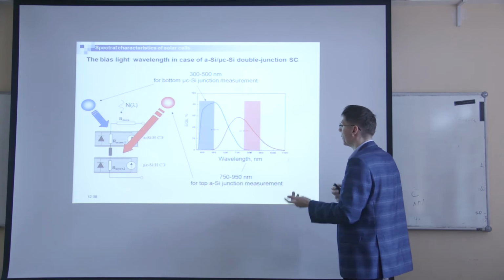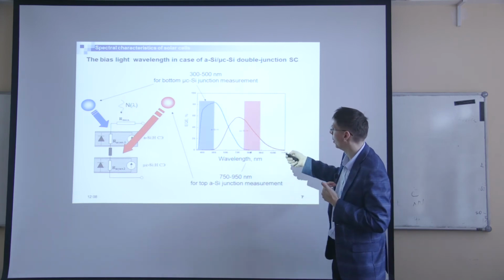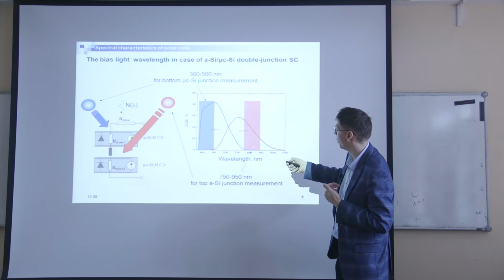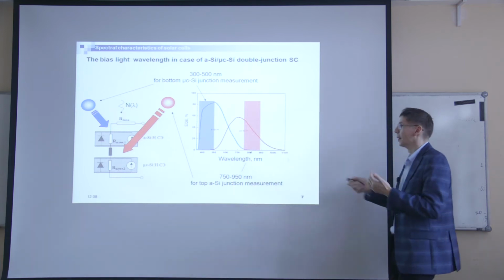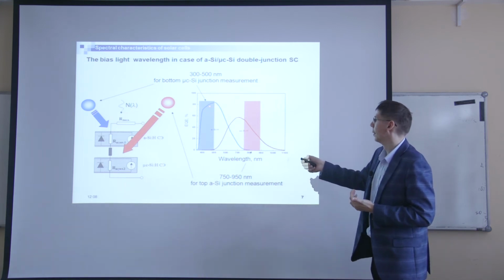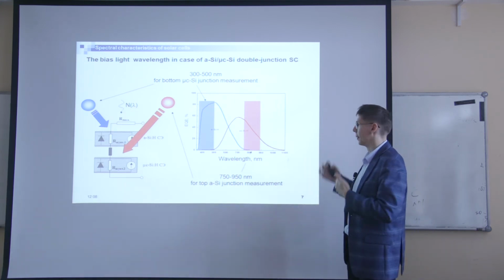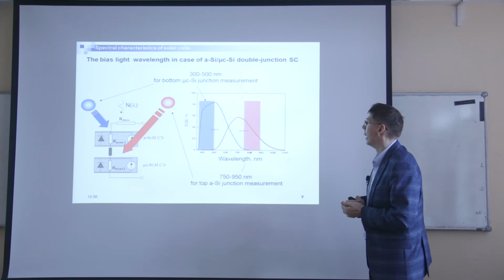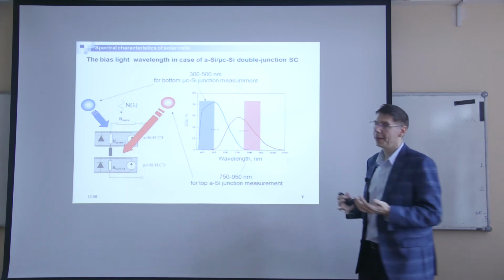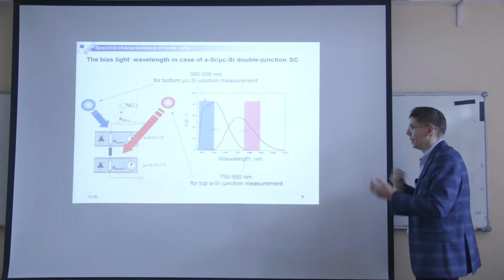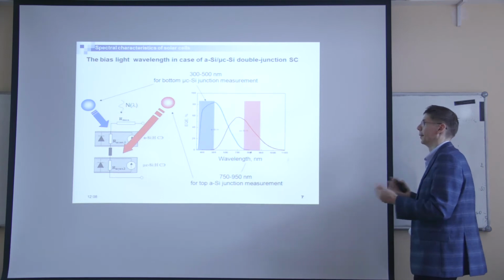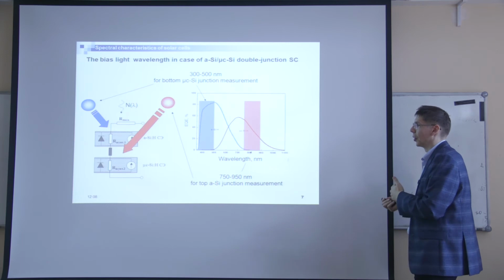And in opposite, to measure the top junction, you have to use the bias light in this range, where the bottom junction is sensitive and the top junction is not sensitive at all. So it's the main idea: to select the different response of the different junction.